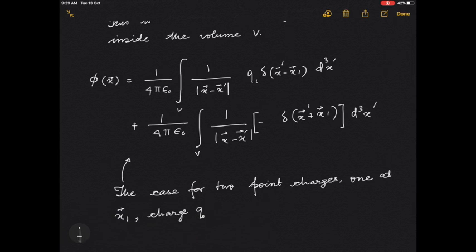I'm sorry, these are q zeros, not rho zeros. And the other at minus x1, minus q0. Right?